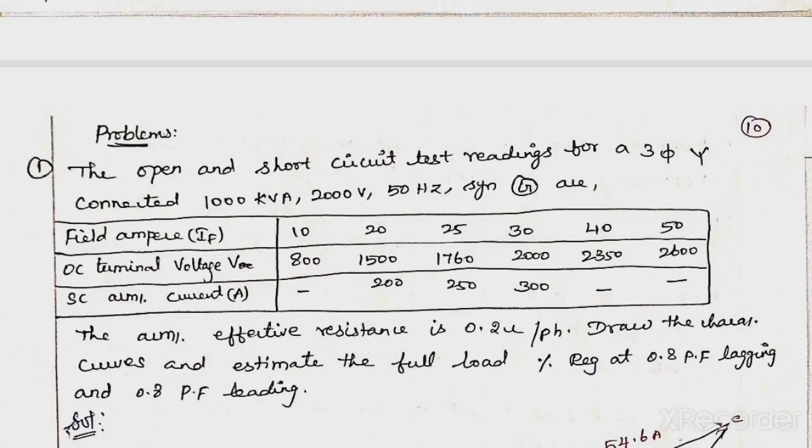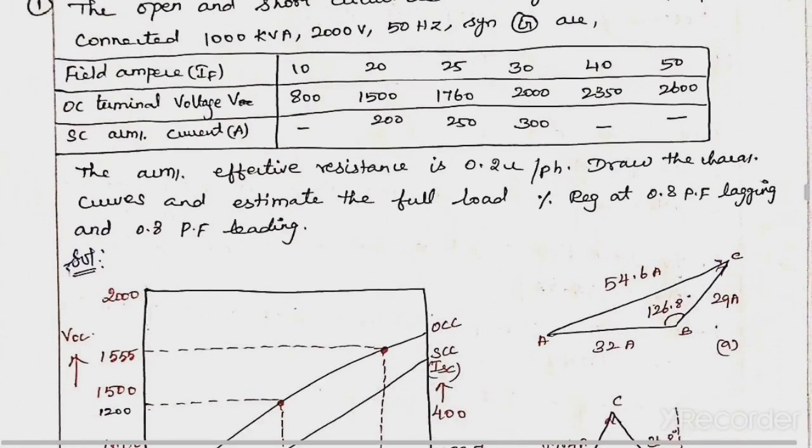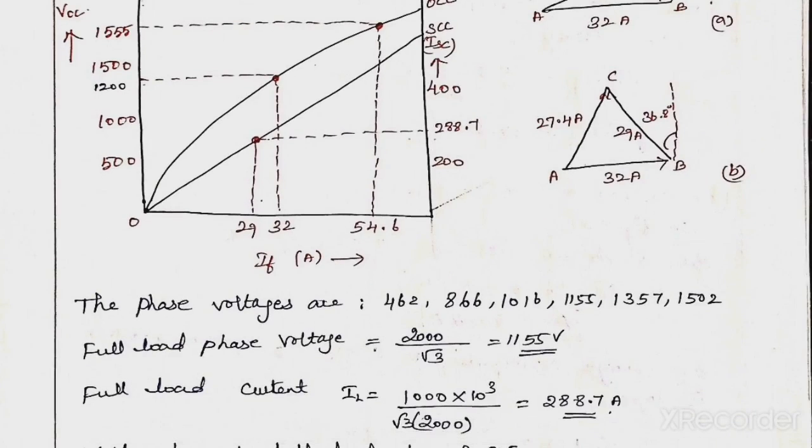So the given values of VOC are divided by root 3: 800 divided by root 3, 1500 divided by root 3, 1760 by root 3, 2000 by root 3, 2350 by root 3, 2600 by root 3. It gives the phase values 462, 866, 1016, 1155, 1357, 1502.